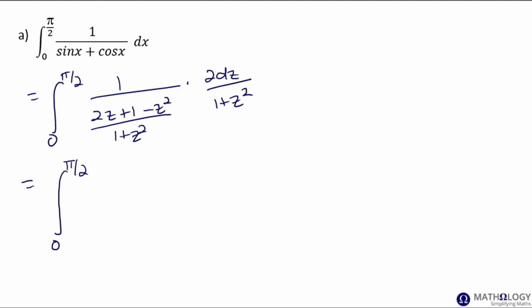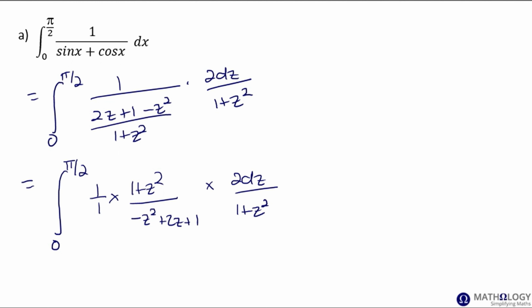We're going to flip this around now, so it's going to be 1 over 1 times 1 plus z squared over, so that is minus z squared plus 2z plus 1, times 2 dz over 1 plus z squared, which equals the integral from 0 to pi over 2. 1 plus z squared cancels with 1 plus z squared. This 2 we're going to take out of the integral sign, so just going to put it outside there. You have 1 over minus z squared plus 2z plus 1 dz.